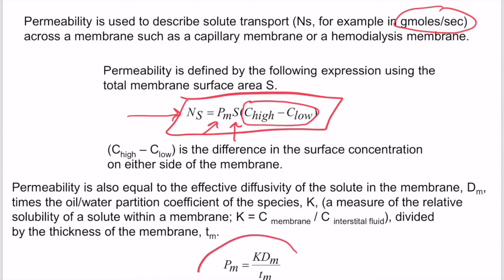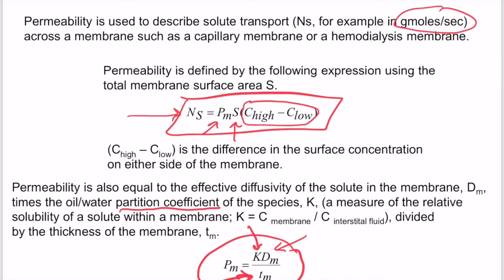So P is like a permeability constant? Yes, and it's really just, this is the diffusivity of the membrane, this is the thickness of the membrane. And let's see, this K is the partition coefficient.